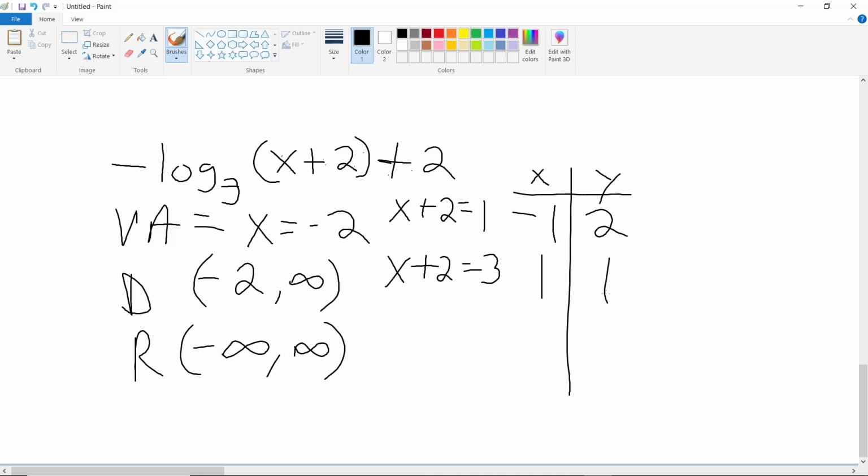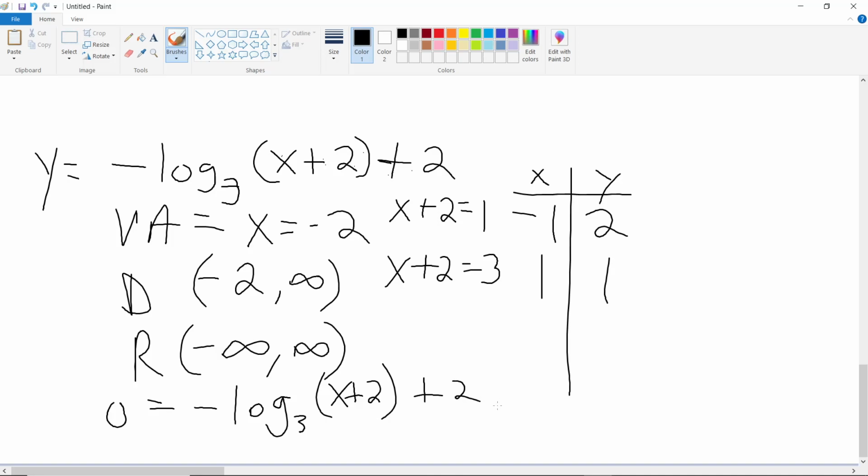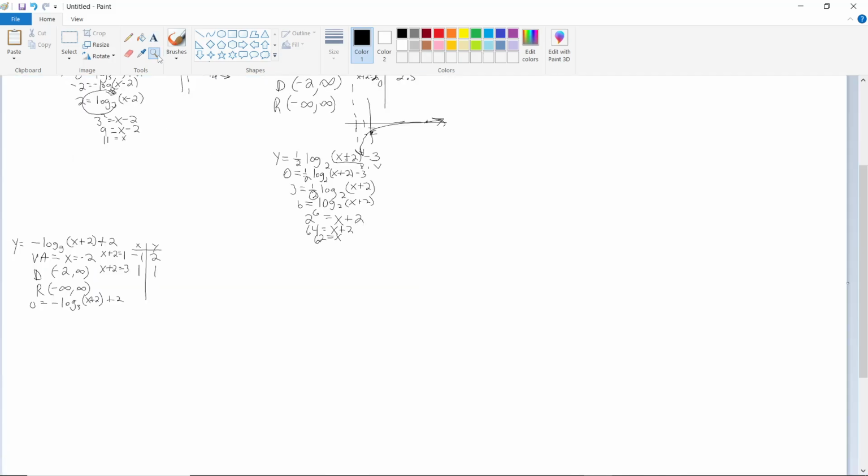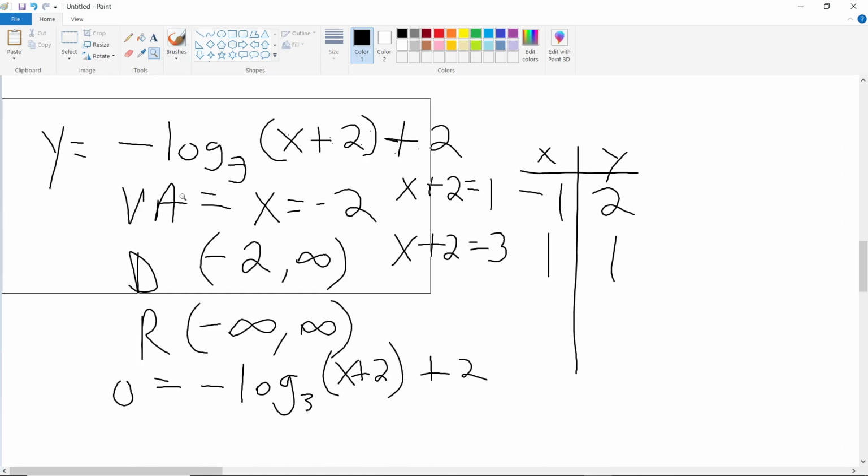Then I will set y equals 0 to see if I can find where it crosses the x-axis. Negative log base 3 of x plus 2, plus 2. I will make this a little bit bigger so I have more room. I will subtract 2 from both sides.